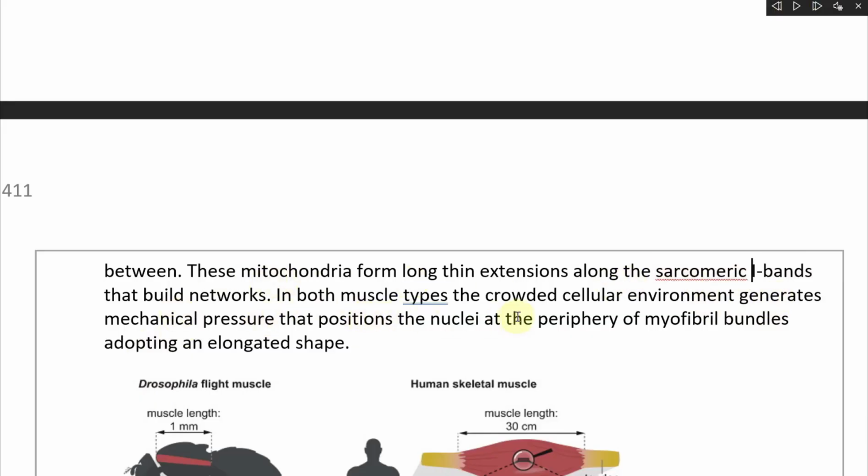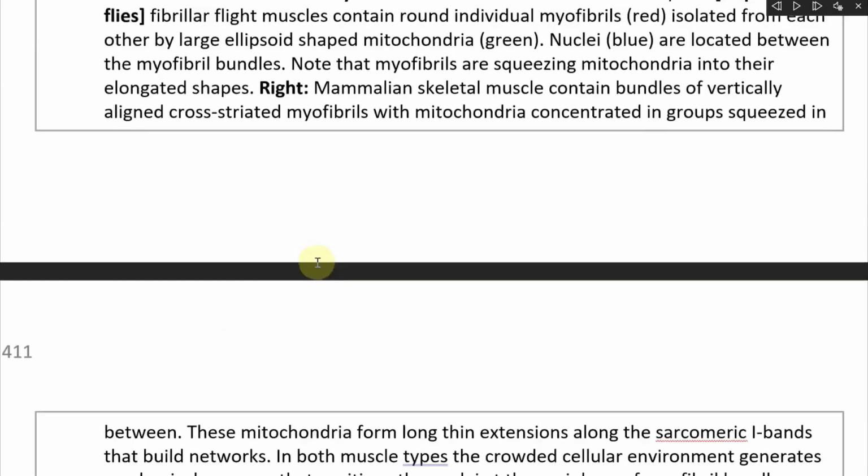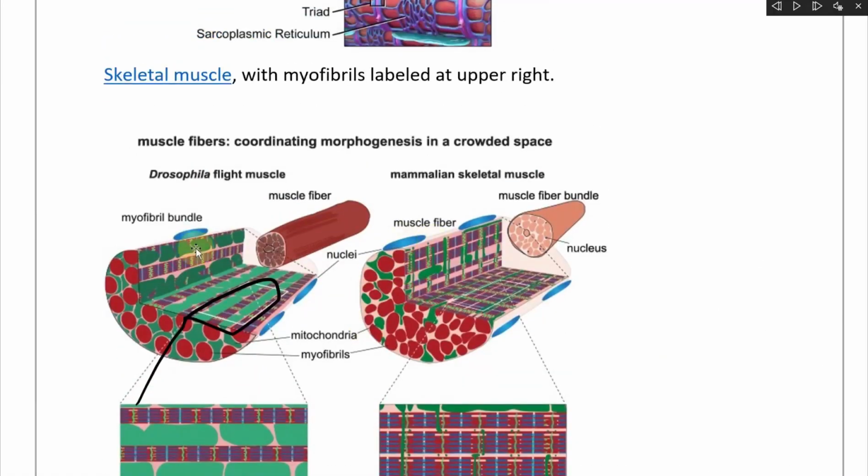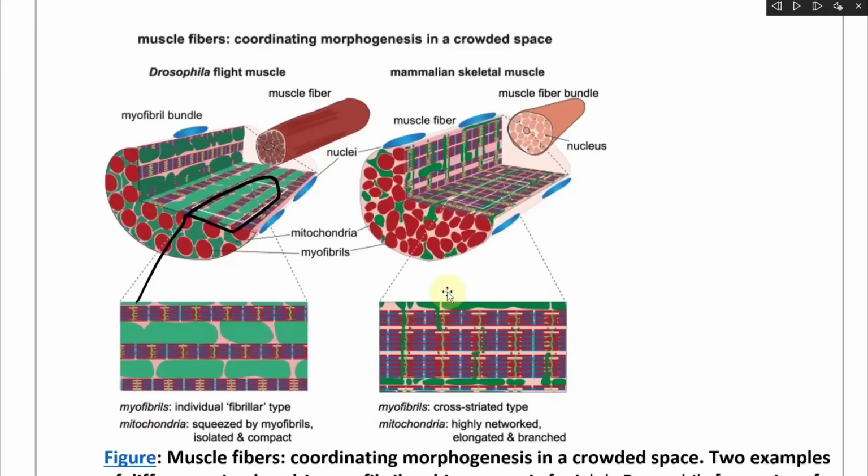In both muscle types, the crowded cellular environment generates mechanical pressure that positions the nuclei at the periphery of myofibril bundles, adopting elongated shapes. In both of them, you have the nuclei stretched outside, so it's being pushed outside of it over there.